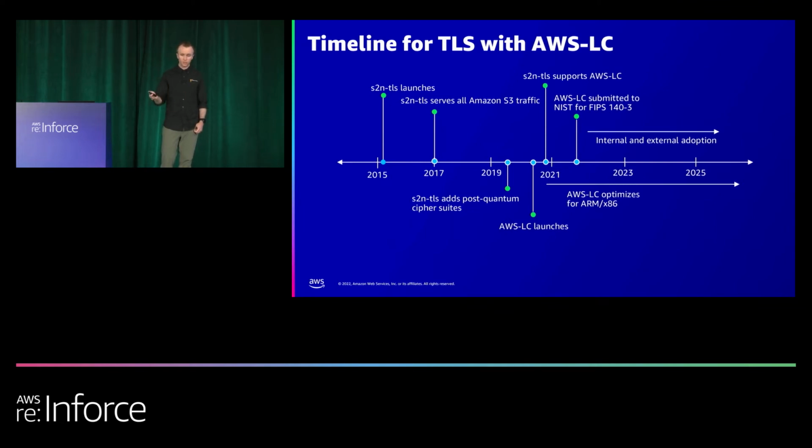And along this whole way, we've been working on x86 and ARM optimizations in AWS-LC, particularly looking at newer Graviton instances and taking maximum advantage of the new performance they offer. And in December of 2021, we submitted AWS-LC for FIPS 140-3 validation. And again, I'll cover more about why that might be important to your use case later.